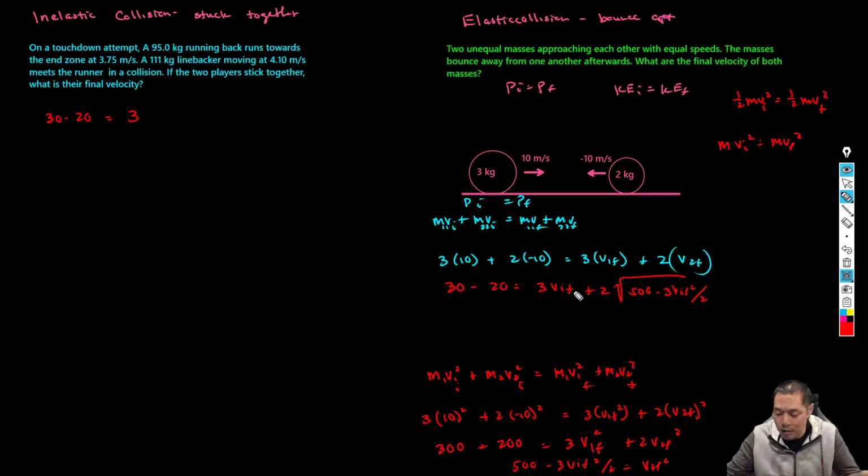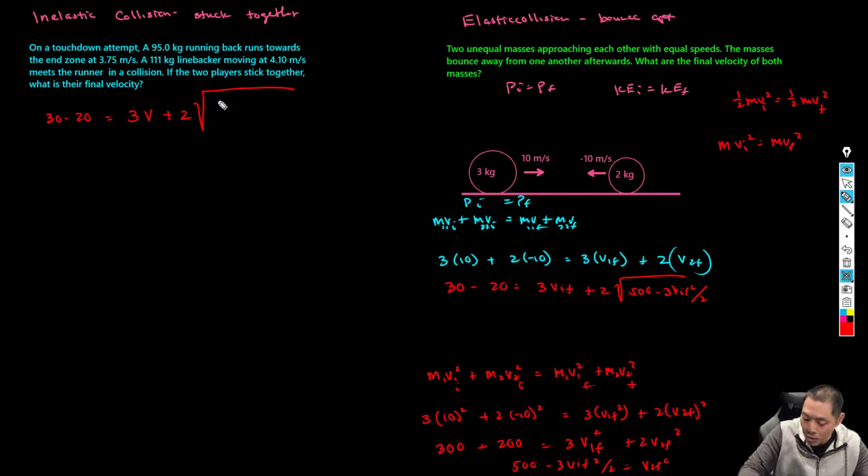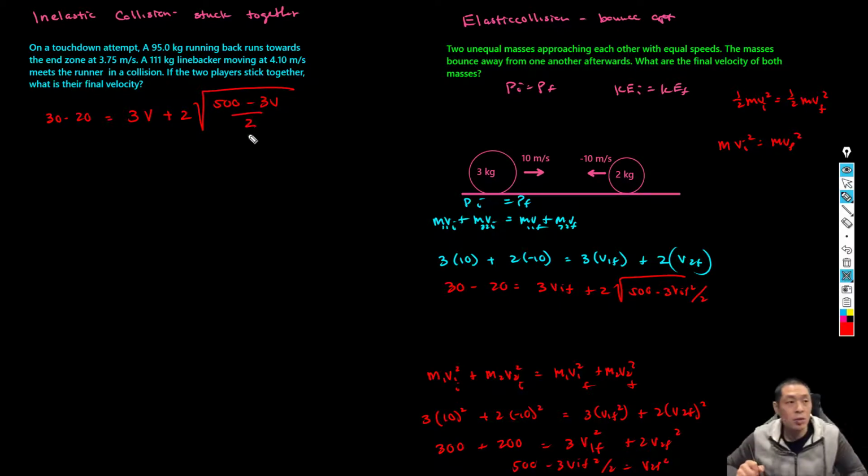I'm going to do that just to make this side much more simple looking. So I'm going to substitute it with v plus 2 times the square root of 500 minus 3v squared divided by 2. So here's my equation.